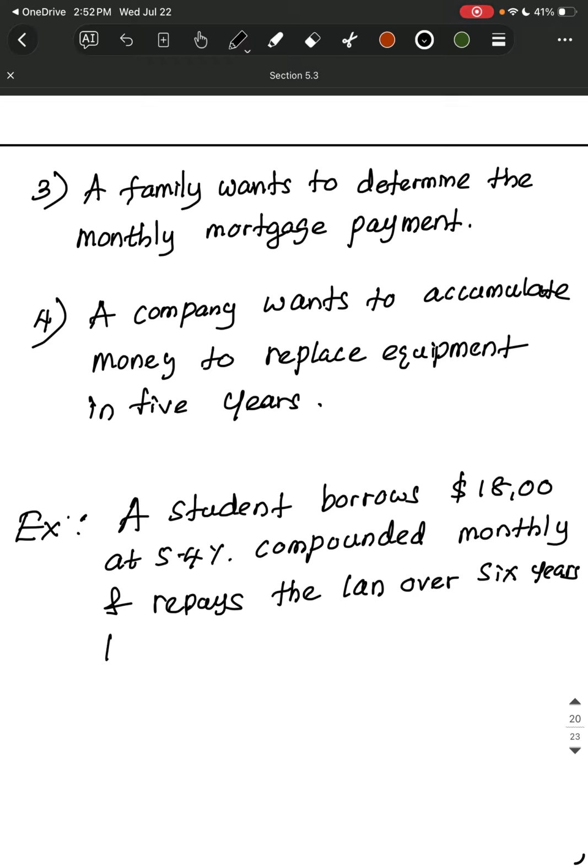Find the monthly payment. Take your time and find the value.